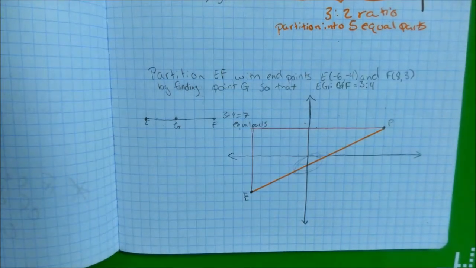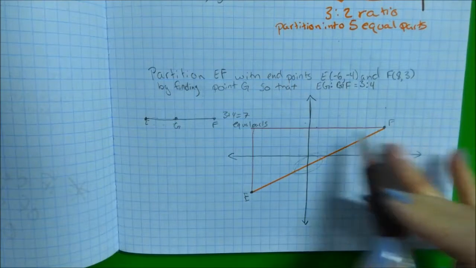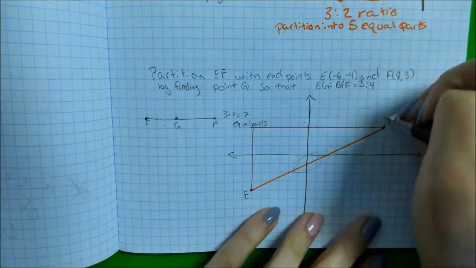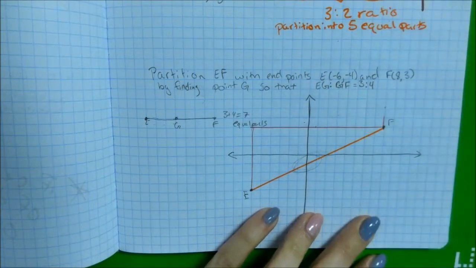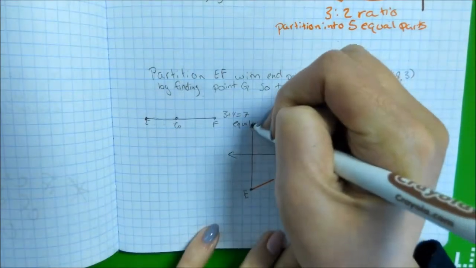Okay, and what I'm going to do is pick one of these lines to partition into 7 equal pieces, and then I'm going to have my 2 parallels, right? I've got this parallel line right here, and this parallel line right here.